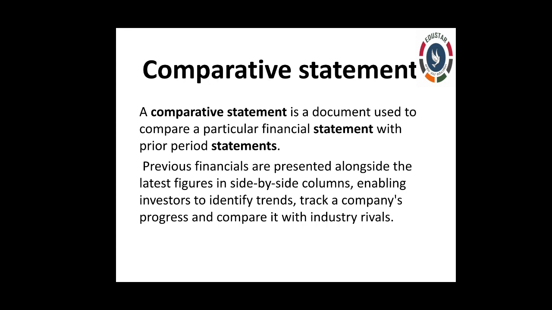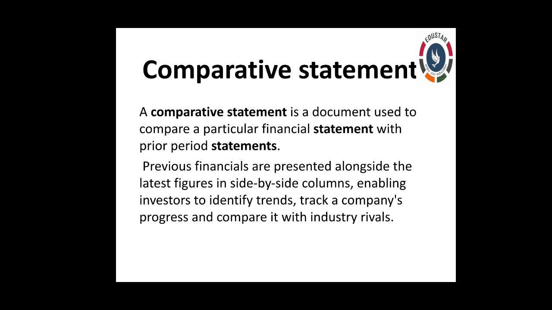The two important financial statements we know very well. What are they? Balance sheet and profit and loss statement. The financial data will be comparative only when the same accounting principles are used, so they have to use the same accounting principle.